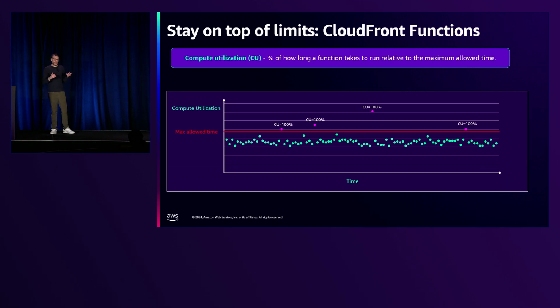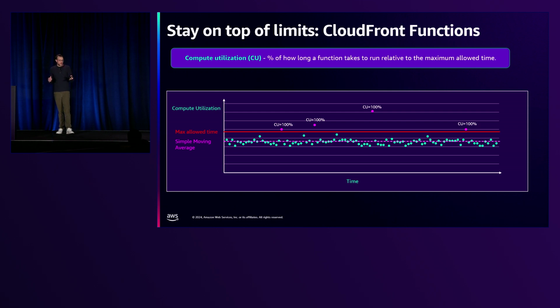So to determine whether we would throttle or not, CloudFront will actually calculate a simple moving average of function executions. So what we do is we take the 50 most recent invocations of the function, we calculate a simple moving average. And if that simple moving average is under your maximum allowed time, we won't throttle your function.